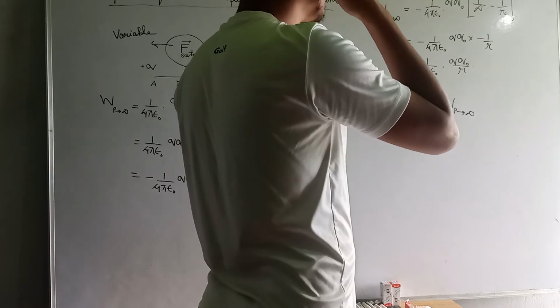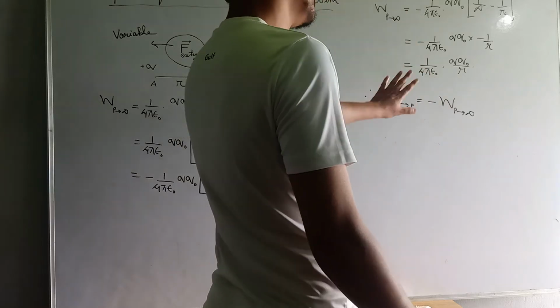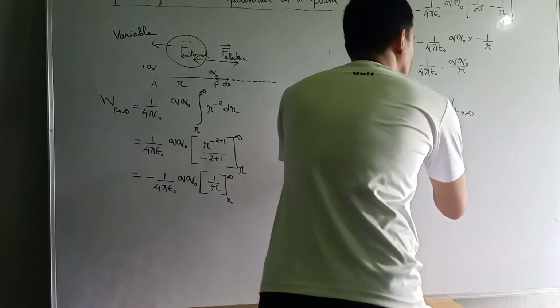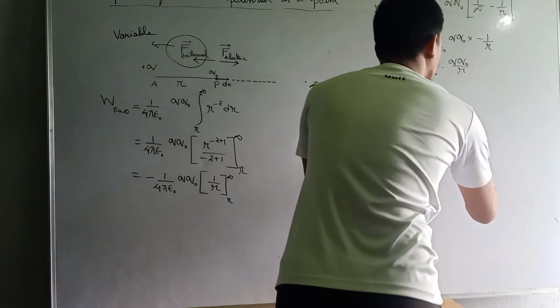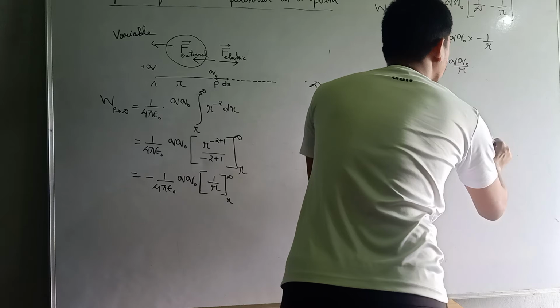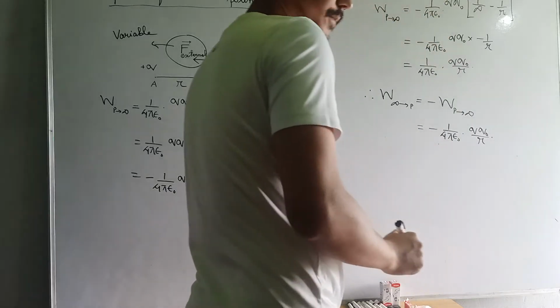Work done by a conservative force in a closed path is 0 according to that definition. So it will be negative of this 1 by 4 pi epsilon naught into Q naught upon R, right?